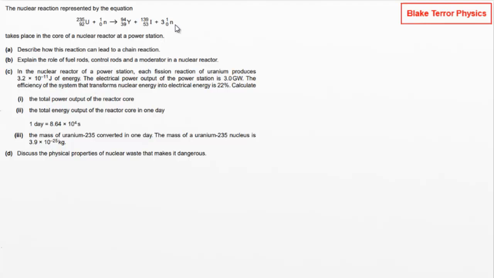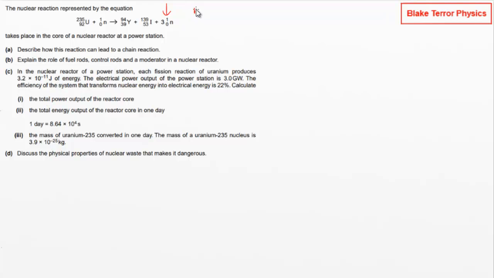Right, the important thing in a chain reaction is we need something that's come out on the right-hand side that can then be plugged back into the left-hand side. So we need a neutron in order to make this uranium nucleus unstable. So the neutron gets combined with the uranium, makes it unstable. That then splits, but now produces 3 more neutrons.